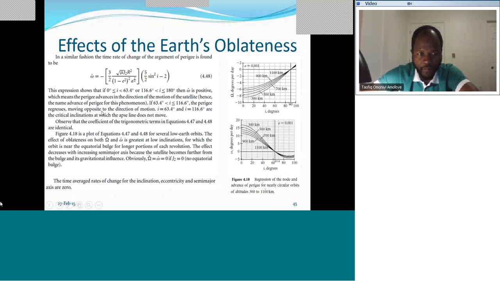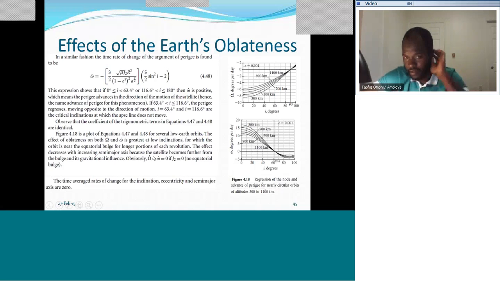Figure 4.18 gives a plot of equations 4.47 and 4.48. That means the time rate of change of the right ascension and of the argument of the perigee. At low inclinations, the orbit is near the equatorial bulge for longer. The effect of oblateness on both the time rate of change of the right ascension and that of the argument of the perigee is greatest at low inclinations.